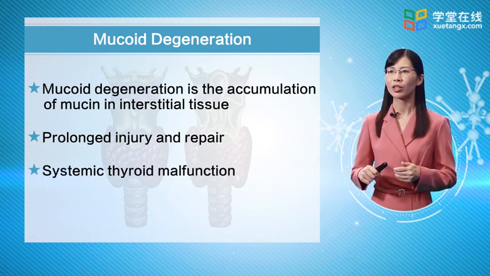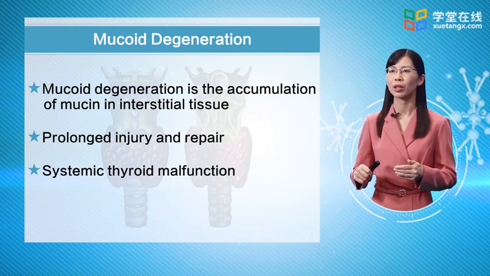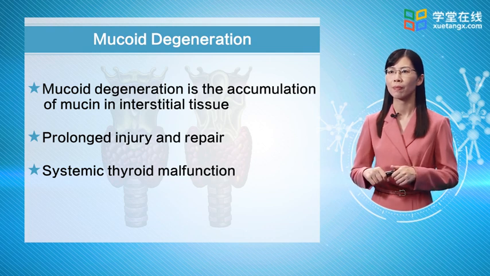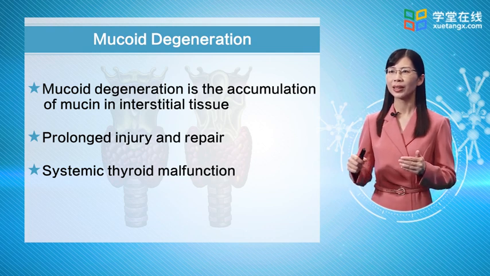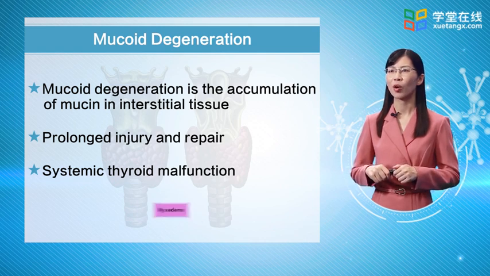Decreased thyroid function can cause skin connective tissue cells to produce increased amounts of mucopolysaccharides in the dermis. This leads to a thick appearance of the skin called myxedema.